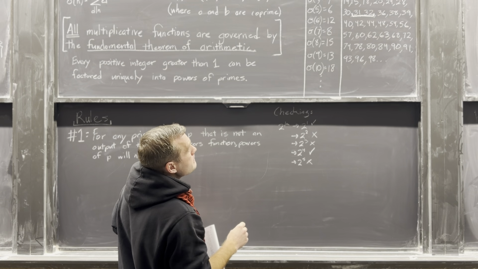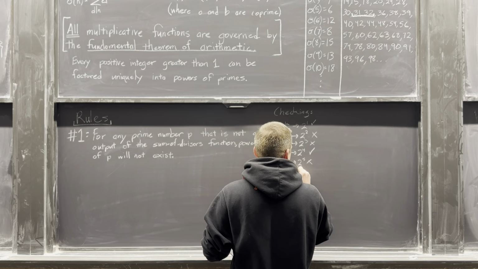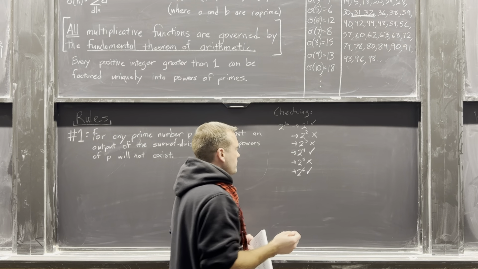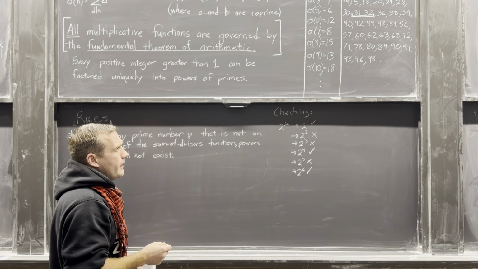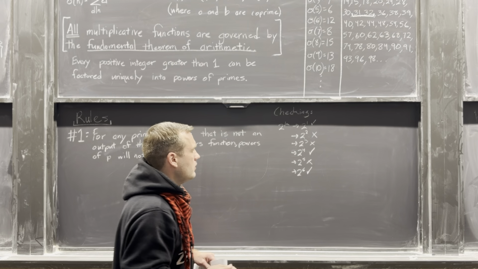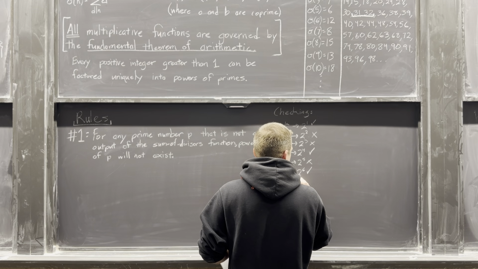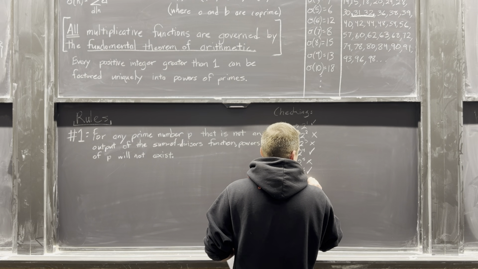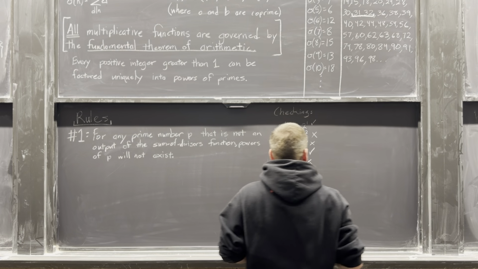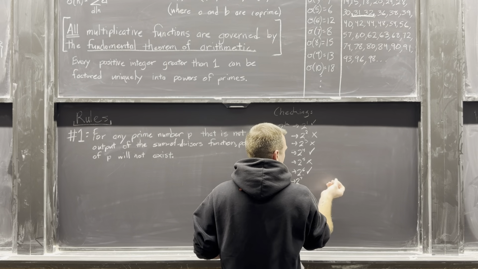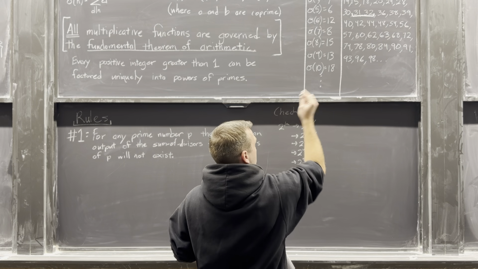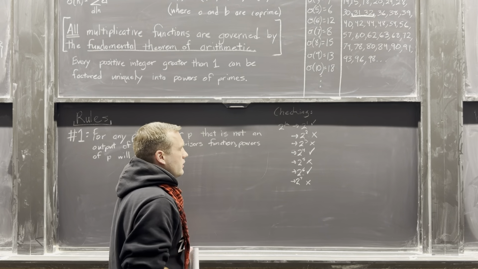All right, and 2 to the 6, that follows the rule. 2 to the 6, by the way, is 64, so it doesn't exist. And then 2 to the 7 would be 128, and that doesn't follow the rule. It's out of the list, but trust me, it's there if you want to double check.